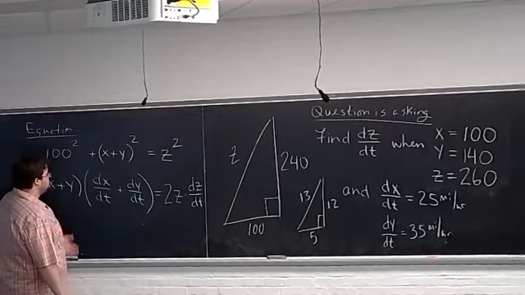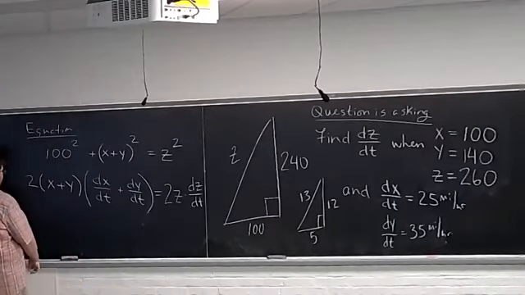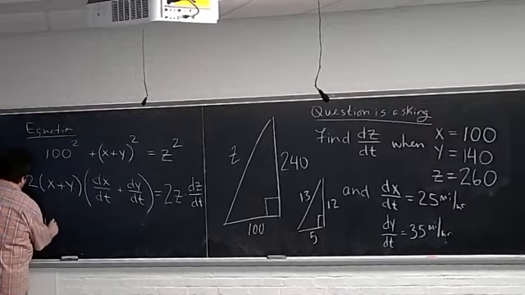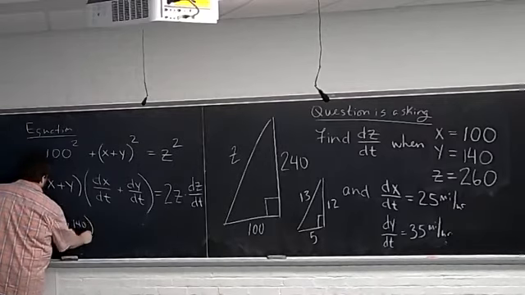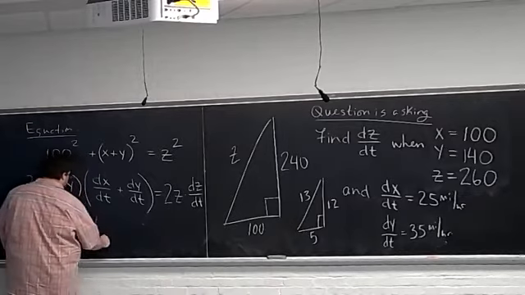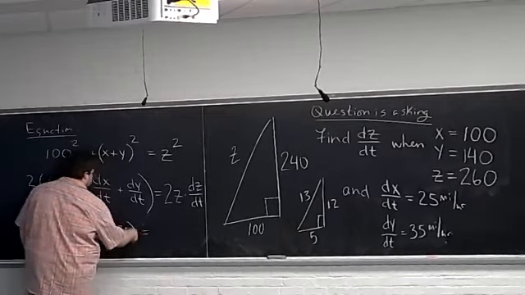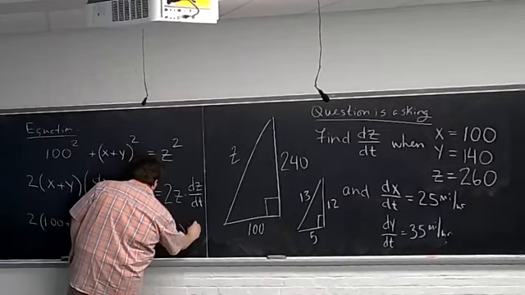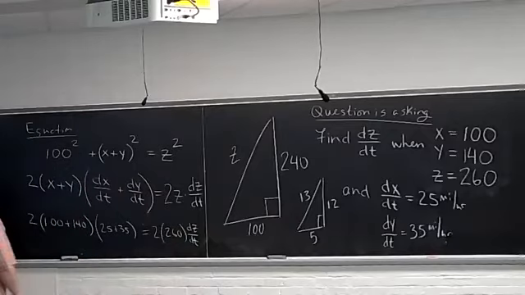So now we just need to substitute and solve. Notice here there is a 2 on each piece. Maybe I'll write that. 2(x plus y), 100 plus 140, times (dx/dt plus dy/dt), 25 plus 35, equals 2z, which is 260, times dz/dt, which is what we want to solve for.